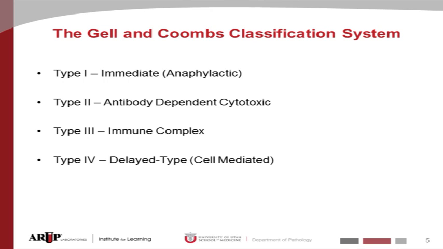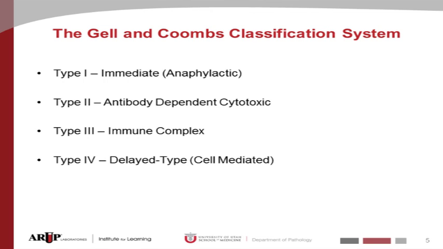Type 1 hypersensitivity, the one that we'll discuss today, is immediate hypersensitivity because it can start occurring within seconds of exposure to the allergen, also called anaphylactic hypersensitivity. Type 2 is antibody-dependent cytotoxic. Type 3 is immune complex hypersensitivity. Type 4 is a little bit different in that it is not antibody-mediated. It's called cell-mediated or delayed type hypersensitivity.